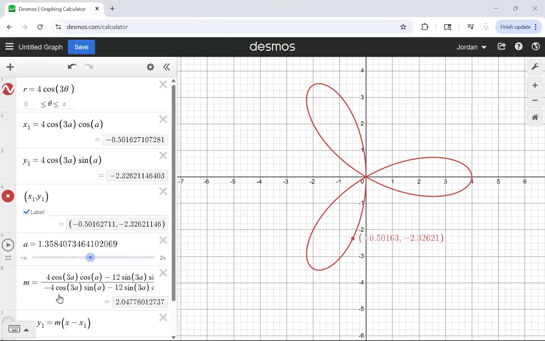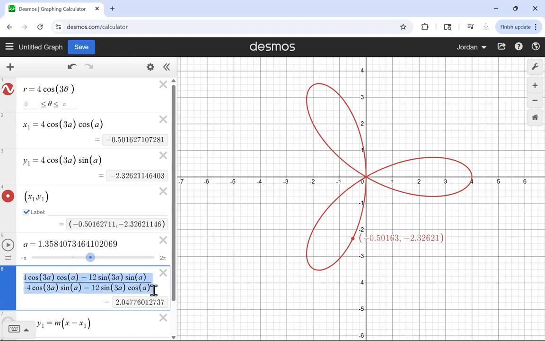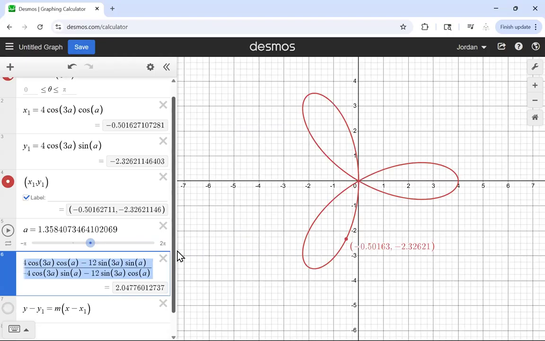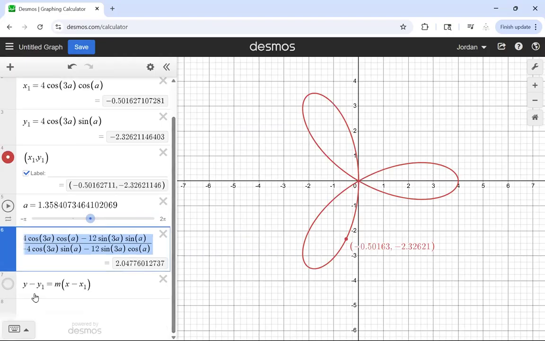The other thing I did is I calculated the slope using that derivative formula. And at whatever point I'm at, we can calculate the slope. Of course, a tangent line is just y minus y1 equals slope times x minus x1, where we're at the point x1 comma y1.